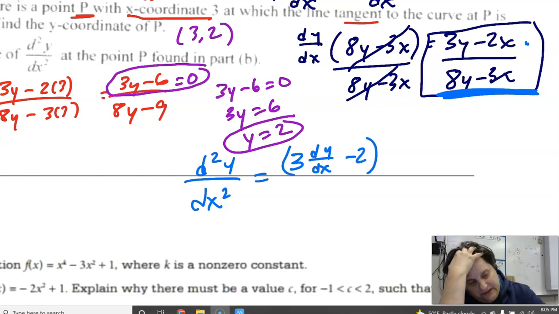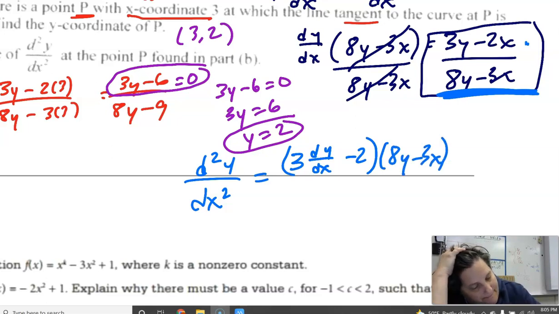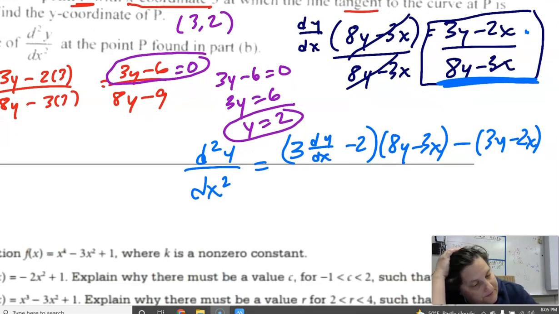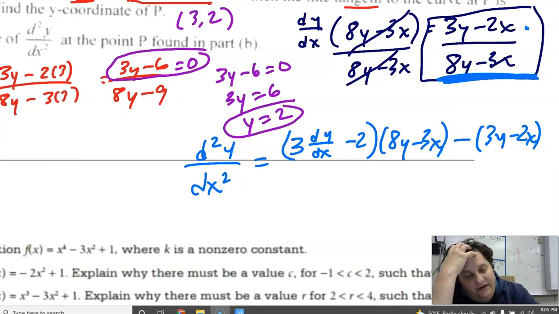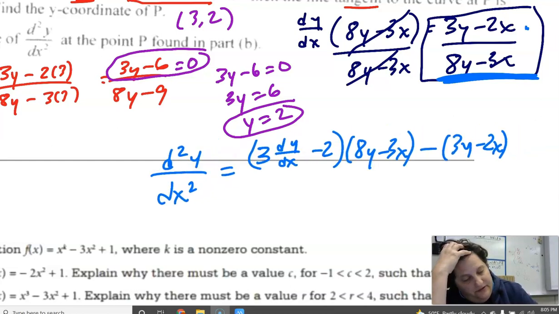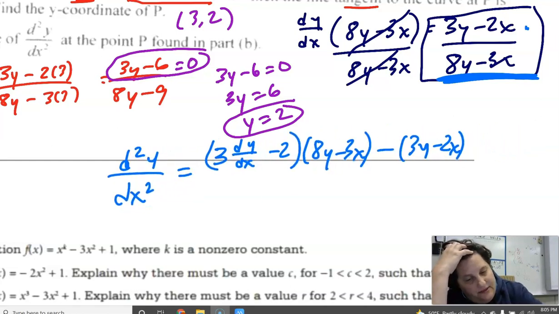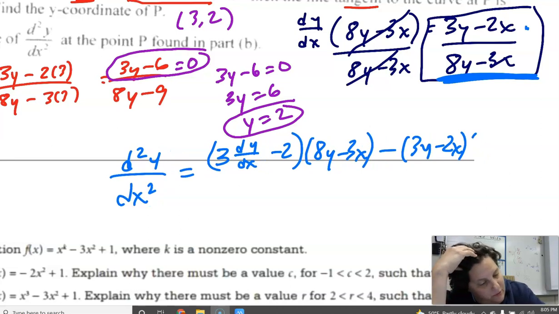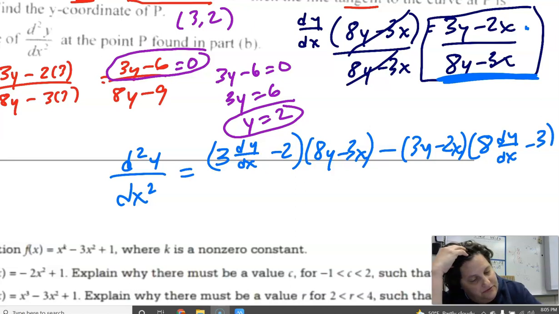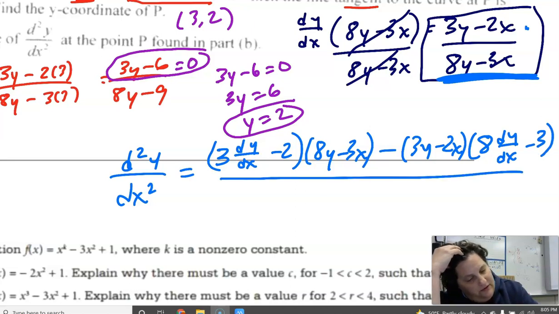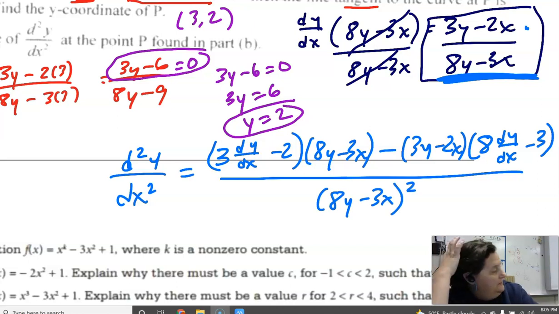That's derivative of the top times the bottom, minus the top times the derivative of the bottom. My goodness, I've got to give myself a little bit more room here. The derivative of the bottom will be 8 dy dx minus 3, all over the bottom squared.